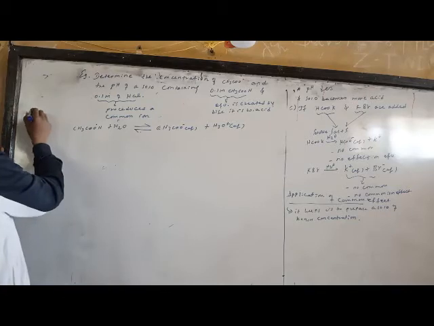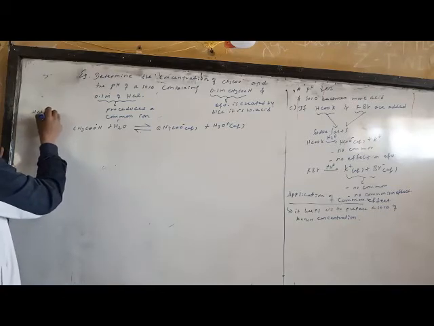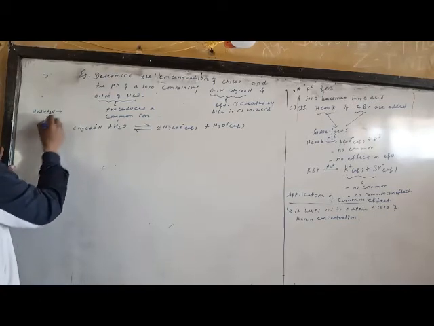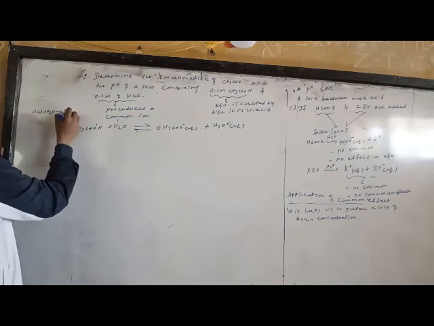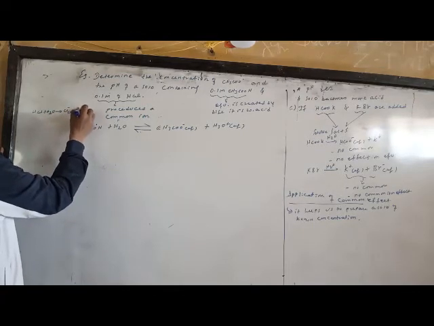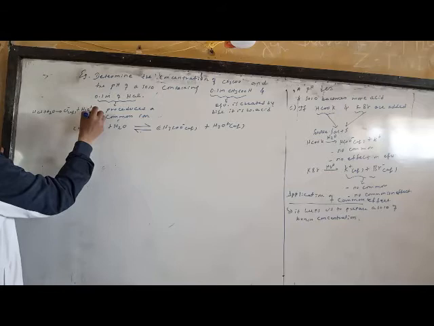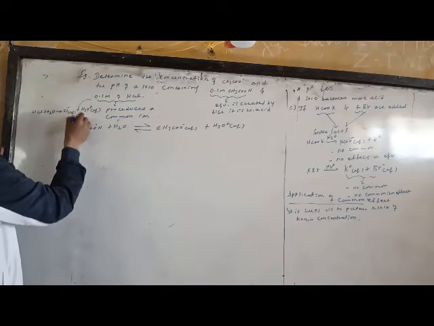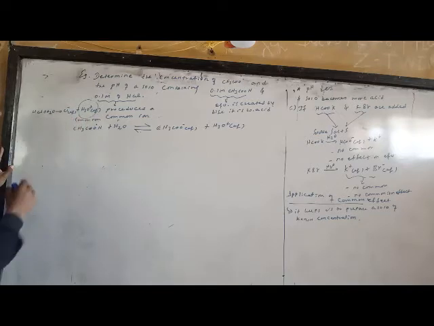That is, hydrochloric acid gets water, completely dissociates and forms Cl minus aqueous plus H3O plus aqueous. This hydronium ion is the common ion.